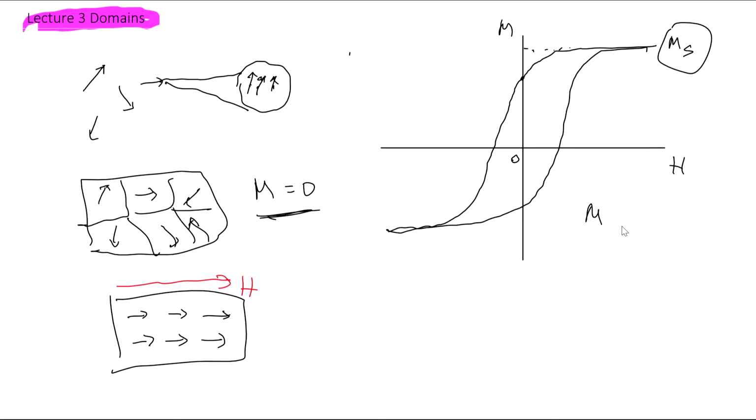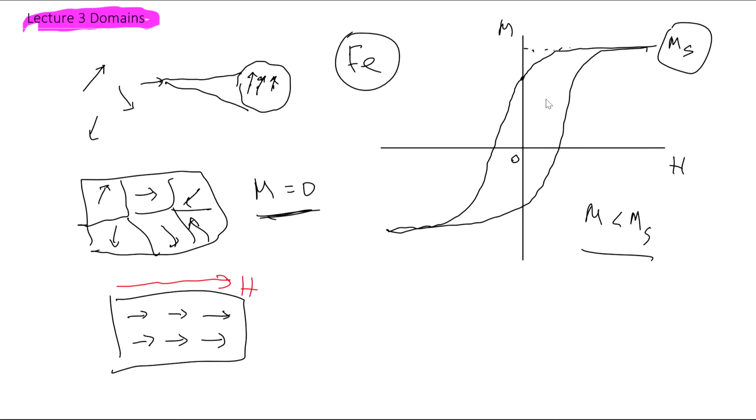So we can write that M is smaller than MS for some fields. What it means is that not all magnetic moments are aligned. But we know that in a ferromagnet, let's say iron, neighboring spins, neighboring magnetic moments, are aligned because it's defined by exchange interaction. So this is the first thing that leads us to think that there are different areas with different magnetization.